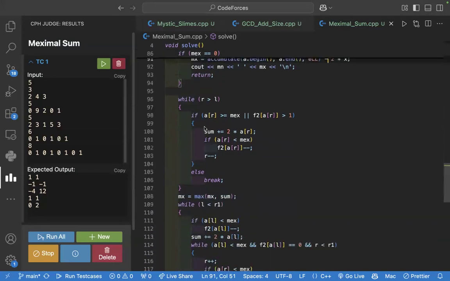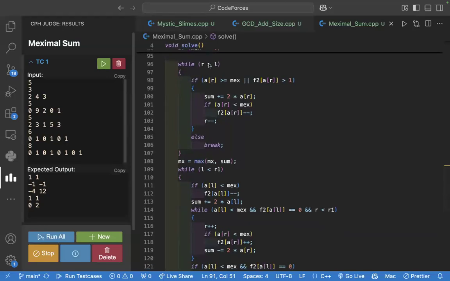Okay. Else, let's run a two-pointer approach. So now till r is greater than L, I will try to bring r backward. How will I bring r backward? See this very carefully. Now, if the number placed at a of r is greater than or equal to max, then do you think I want to bother with that number? If a of r is greater than or equal to max, then I know that number never contributes, right?